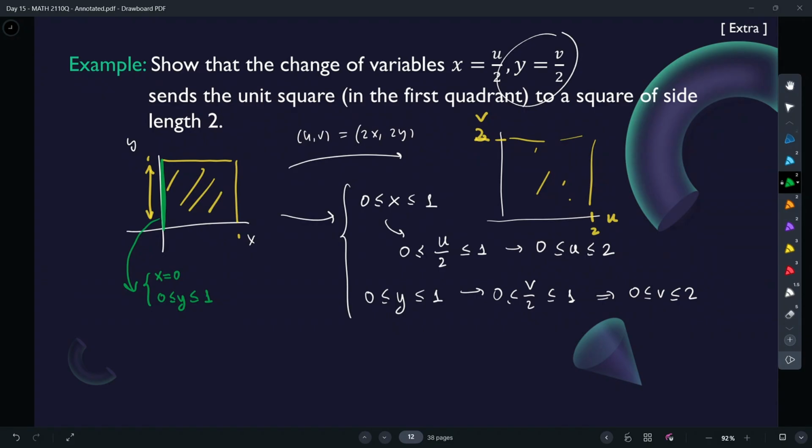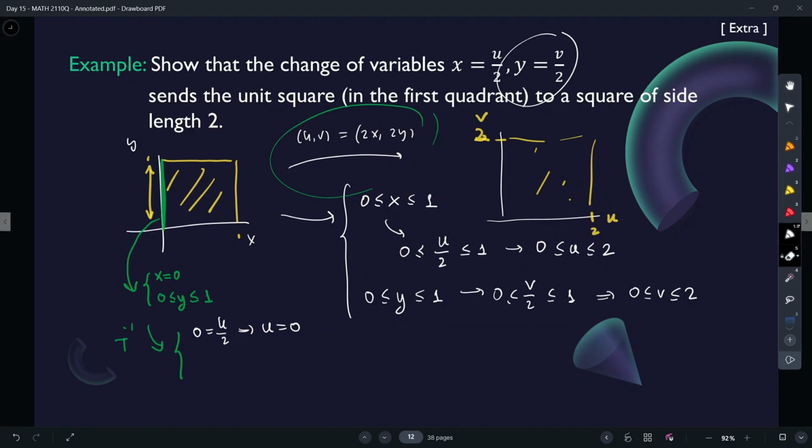Where does this go through this transformation? Through that transformation, it's telling me that it will go through what we call T inverse. It will go to x is 0. So that means that u is 0 from the defining equations up here.